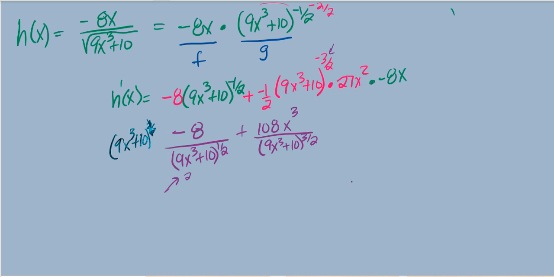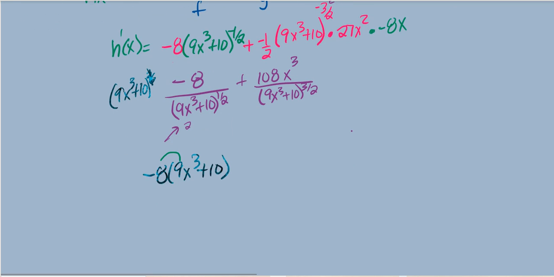So now we can distribute this negative 8 times 9x cubed plus 10, right? And that's a bad marker for you guys. I'm sure it's horrible to see. So we can look at that and say this will be a negative 72x cubed, right?